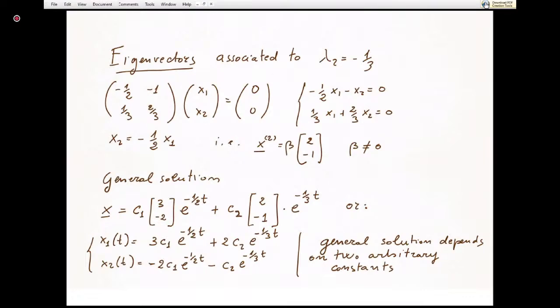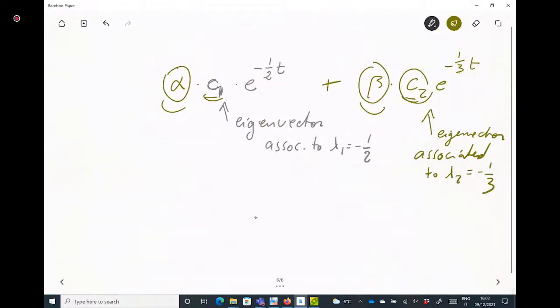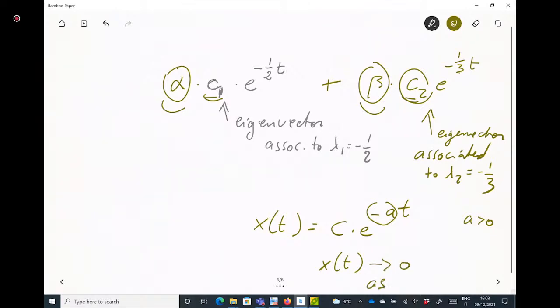And remember, in our simple one-dimensional equation where the solution is of the type x(t) equal to c times exponential minus a t, and a is positive, the exponent is a negative quantity, and x(t) tends to 0 as t tends to infinity. The same happens here.